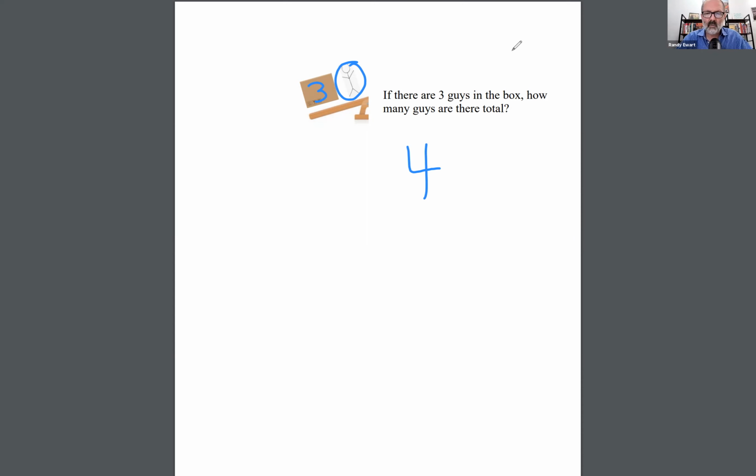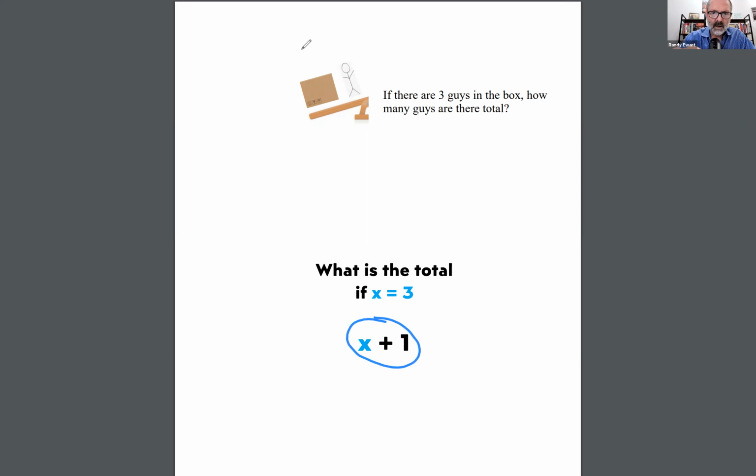Let's look at it in a more algebra mathy way. This is what you would see. You would see an expression. So this is our expression right here. And then you would be told, what is the number that goes in place of your variable? Oh, instead of x, we're going to put a 3 in there, just like we put a 3 in the box up here.